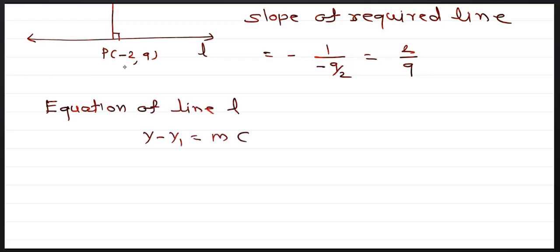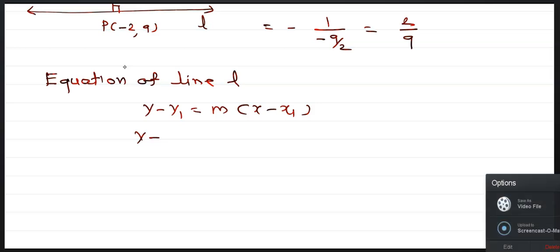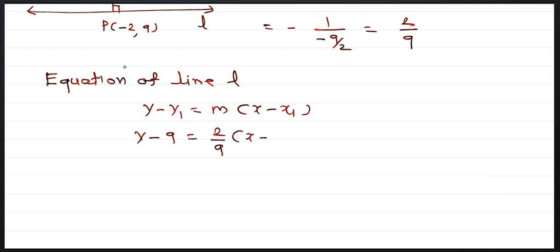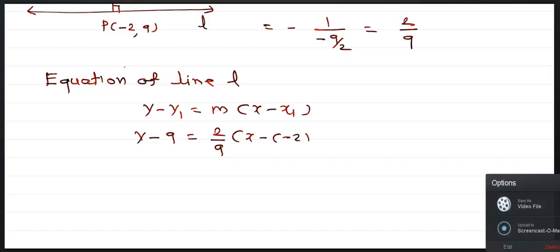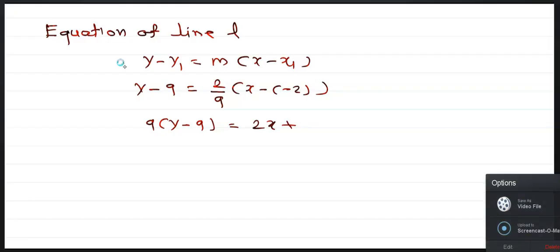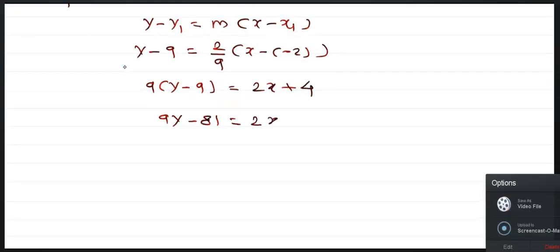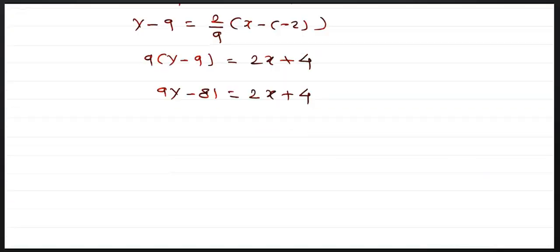Equation of line L, that is y minus y1 equals m times (x minus x1). y minus 9 equals 2 upon 9 times (x minus (minus 2)). And if we simplify this, then you will get 9y minus 81 equals 2x plus 4.